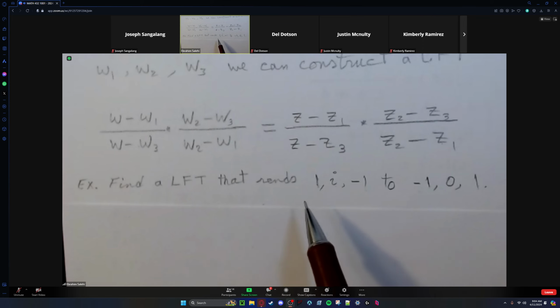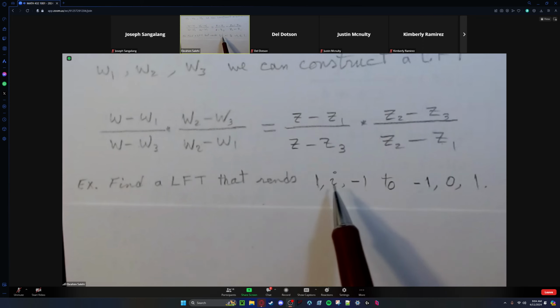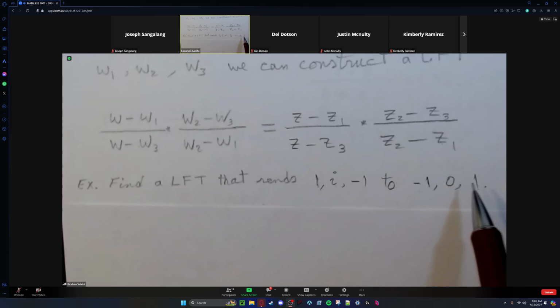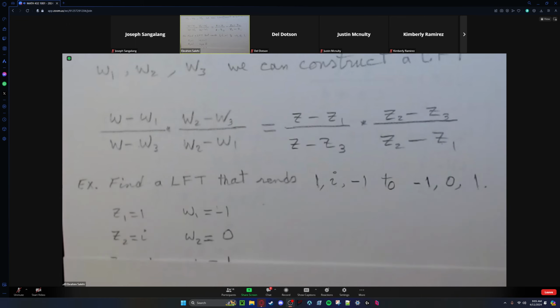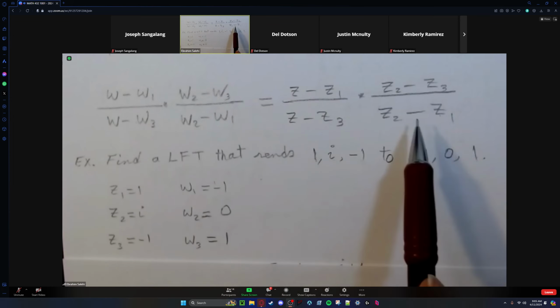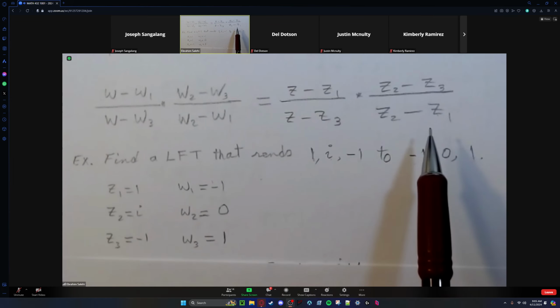So here is Z1, Z2, Z3. Here is W1, W2, W3. You replace this in this formula, okay?